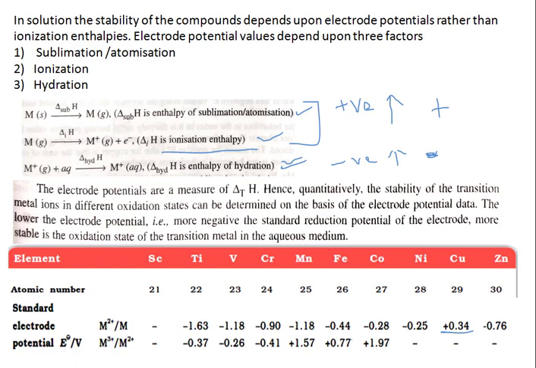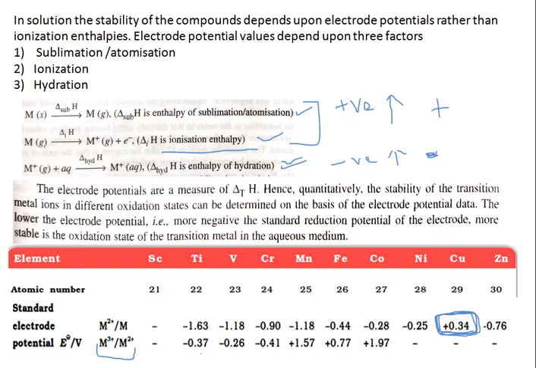So that's why copper has a positive value, and you might have seen that it does not liberate hydrogen on reaction with most of the acids. In the same manner, the reduction potential values for transition from M3+ to M2+ are given in the next line.